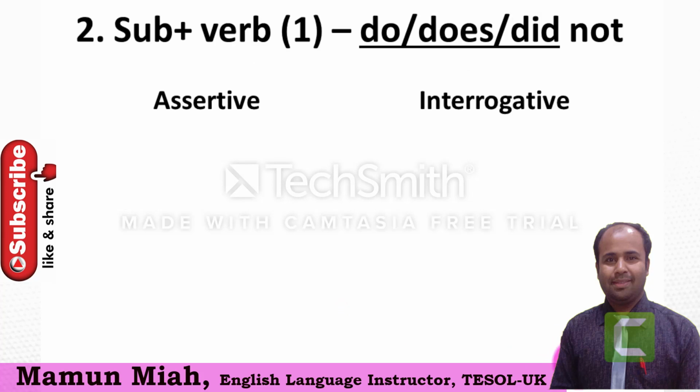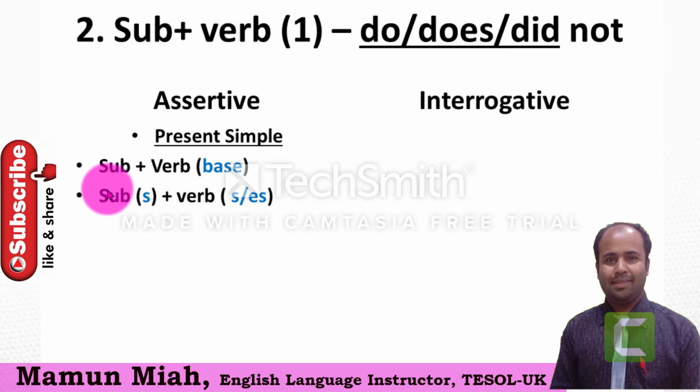In the second rule, if you find only a single verb in a sentence, how to make it interrogative form? Of course, you have to use do, does, did. That means to do auxiliary verb. In the same way, subject and then verb base form.